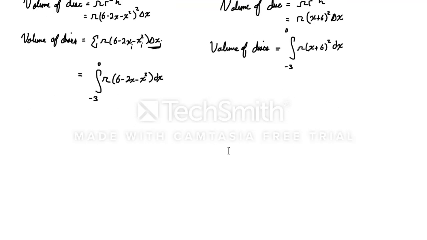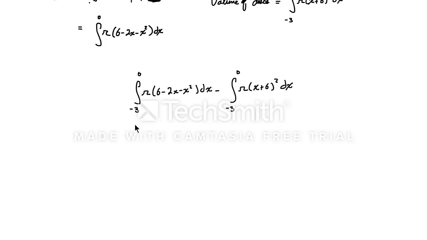The total volume that we're interested in will be the volume of the blue minus the volume of the purple, or the integral from -3 to 0 of pi (6 minus 2x minus x squared) squared dx minus the integral from -3 to 0 of pi (x plus 6) squared dx.